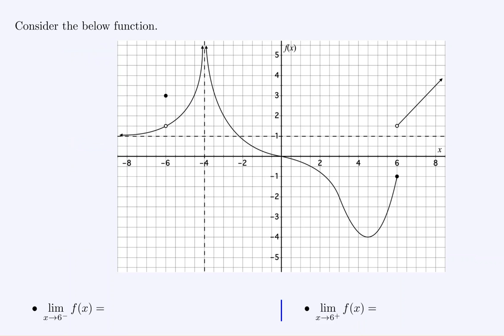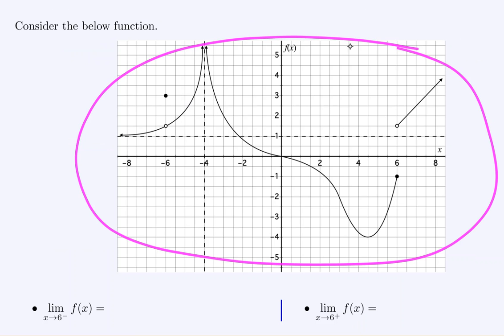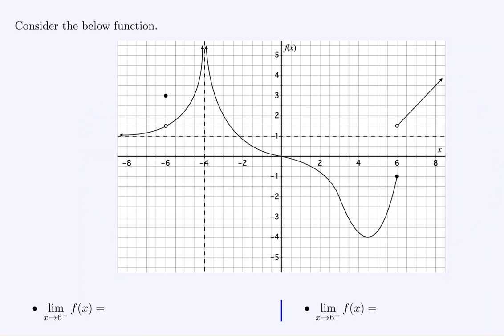Let's look at our next example. We have a function graphed here, and there are some odd behaviors to this function. We see that we've got a hole, which is redefined up here at -6. We have a vertical asymptote at -4. We've got this disconnection where before x equals 6, our graph was below the x-axis.